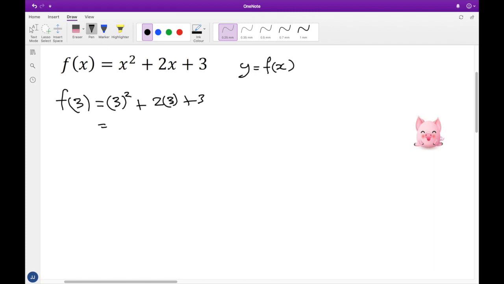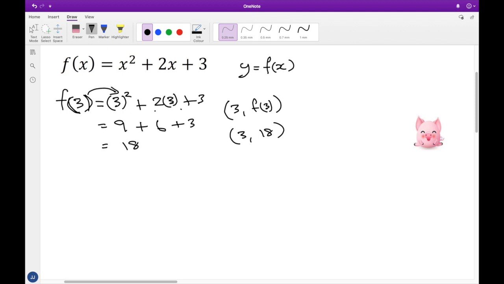And that is 3 3s are 9, plus 2 3s are 6, plus 3. And therefore I will get 18. Hence, when x is 3, the f of 3 will be 18, right? So literally, whatever I put inside this bracket here, I will substitute in place of x. Yeah?